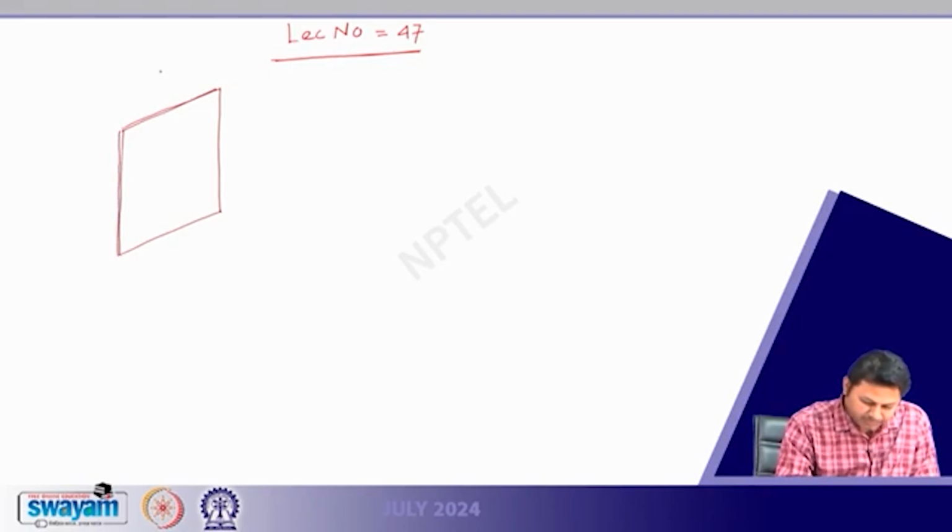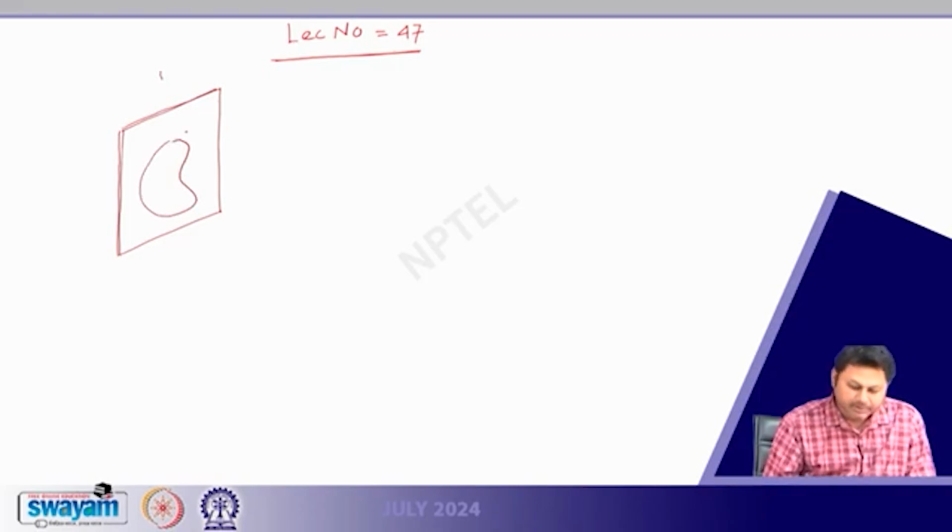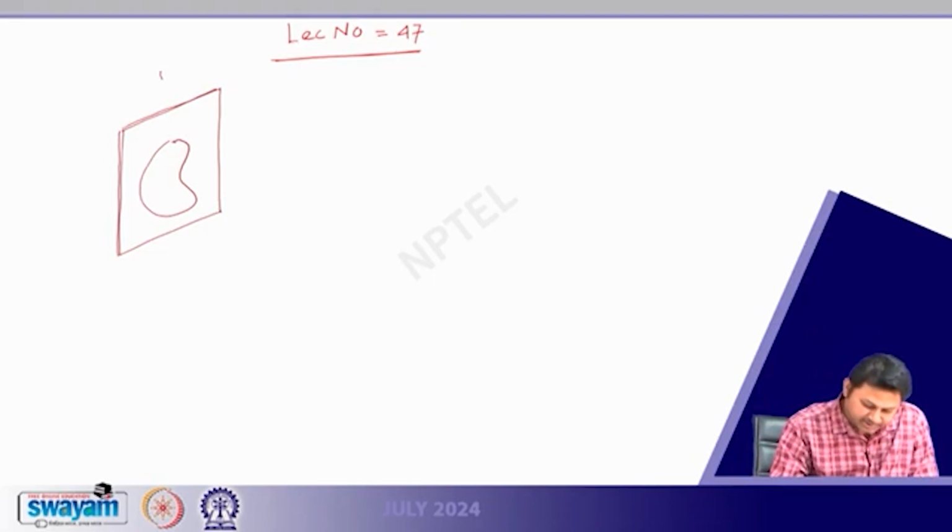So suppose we have a system where this is an arbitrary aperture, and this is a coordinate system.